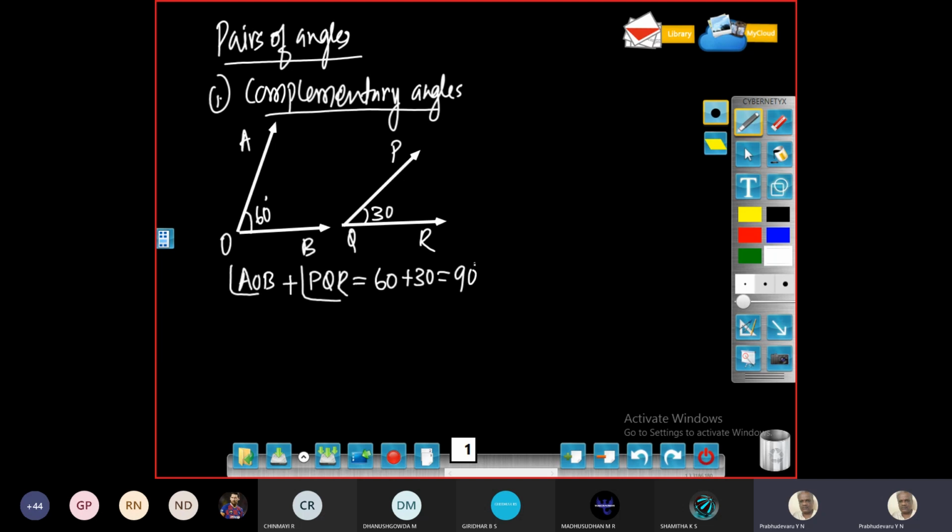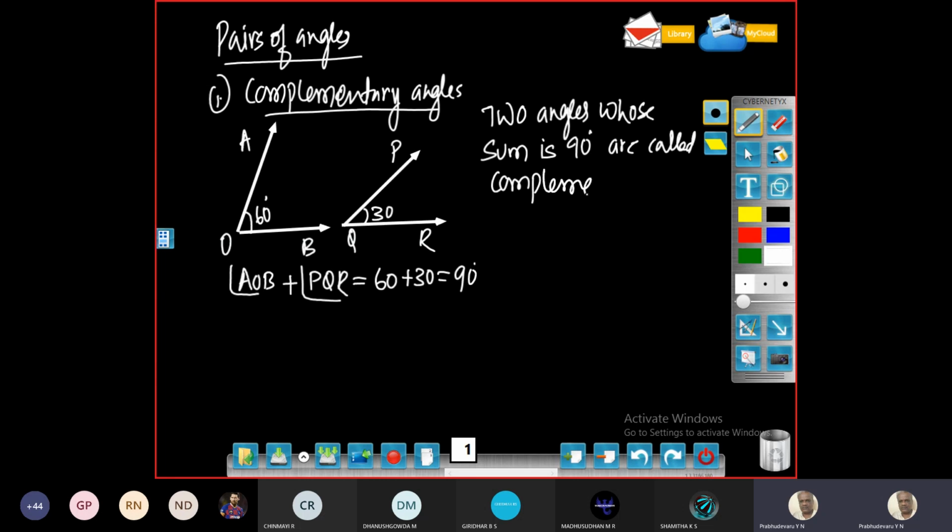So they are called complementary angles. Two angles whose sum is 90 degrees are called complementary angles.